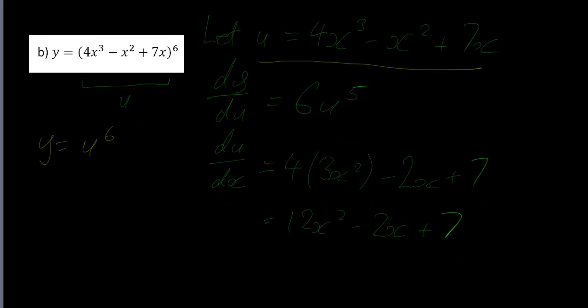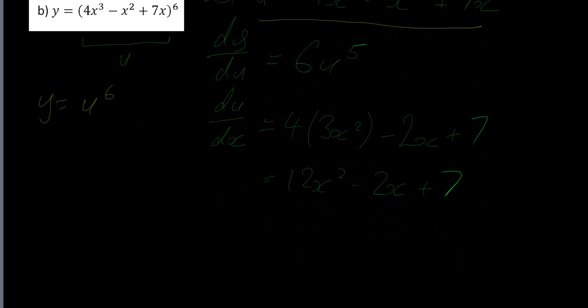So when you want to combine all of this together, remember that dy dx is equal to the product of dy du multiplied by du dx. So recall that you can remember this rule by thinking to yourself that these two du's can cancel out each other.